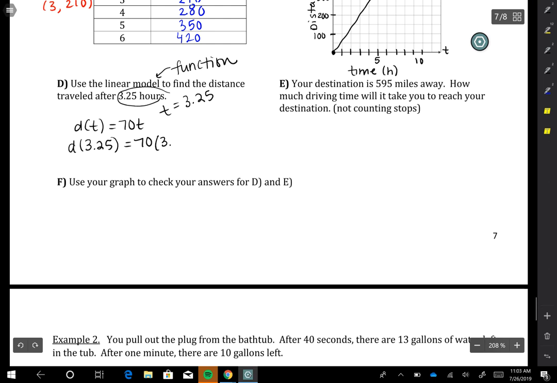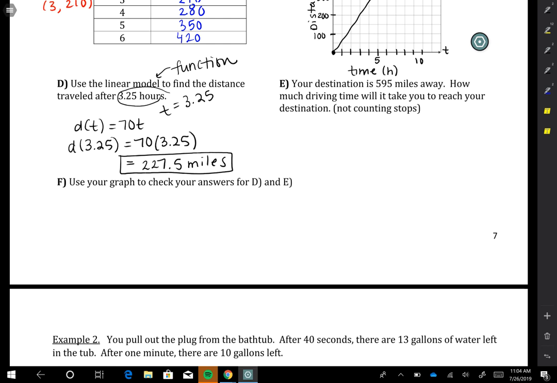And so to find the distance traveled after 3.25 hours, I'm going to multiply 70 times 3.25. Now I'm doing this on a calculator, and what you're going to get is 227.5 miles. So guys, what that's telling us is after 3.25 hours, we will have traveled 227.5 miles.